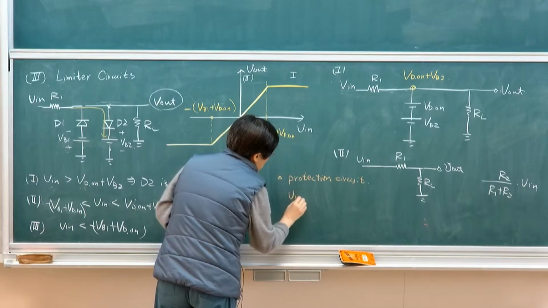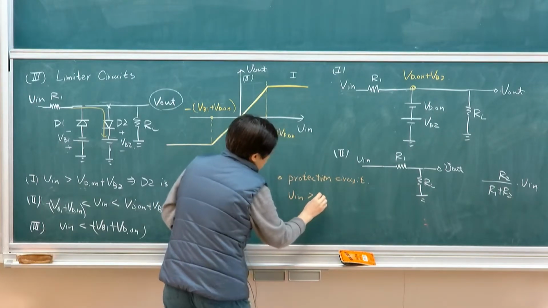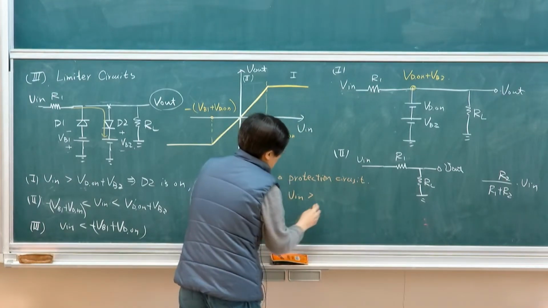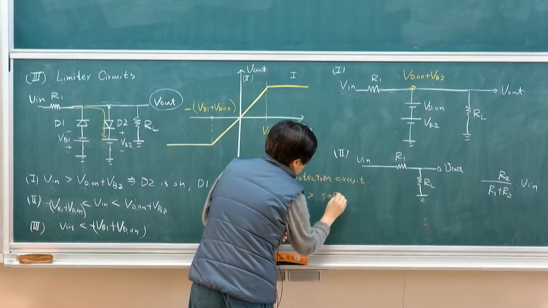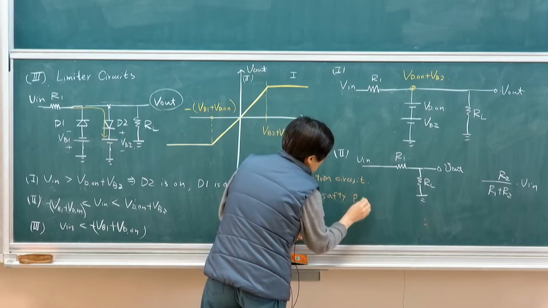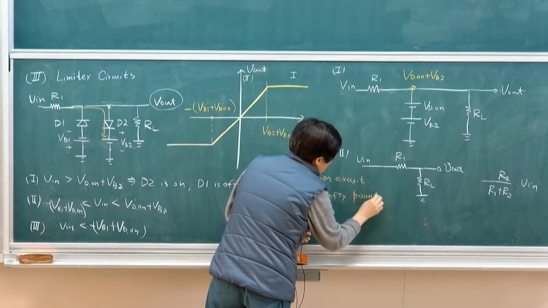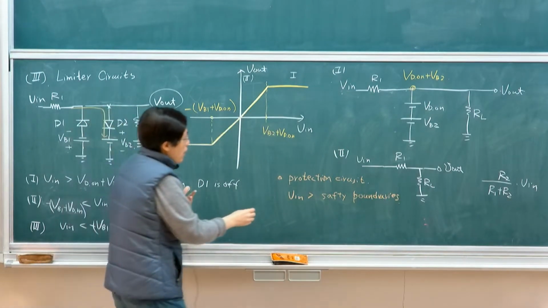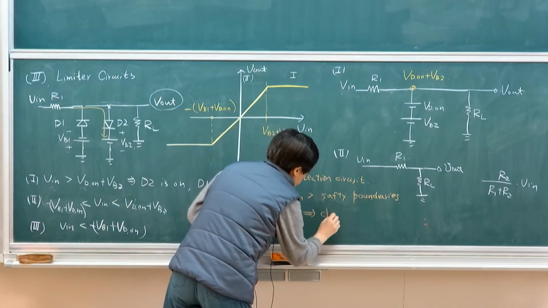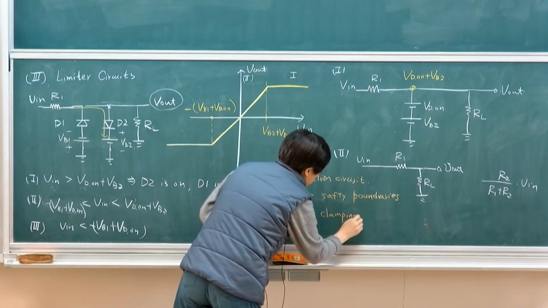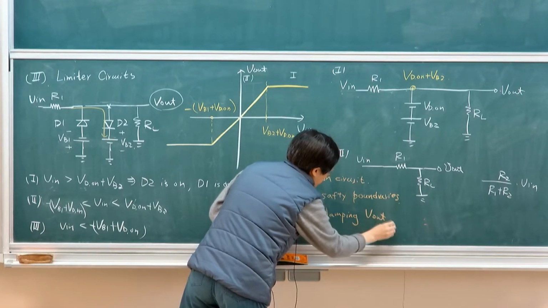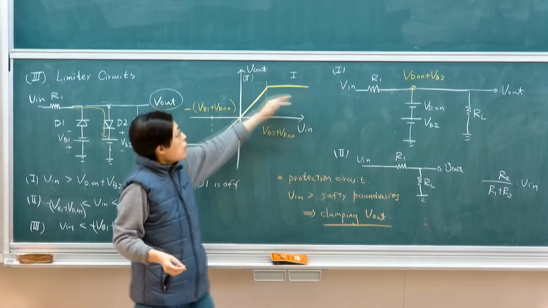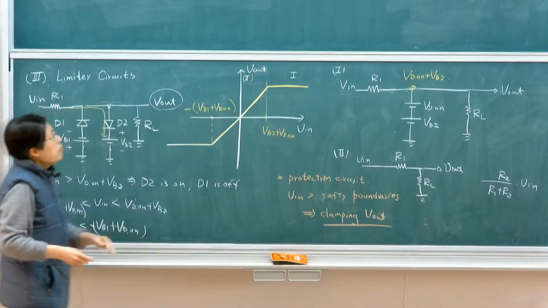Anytime you have an input signal that exceeds your safety boundaries, then it will be clamped. Your VL will be clamped at a particular level. It doesn't matter how Vin increases, it will flatten out. Okay?